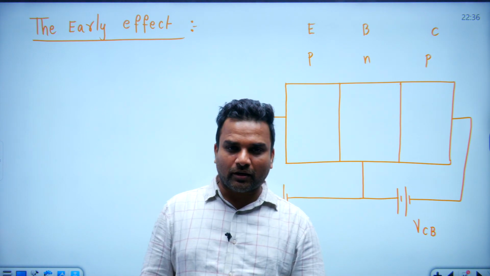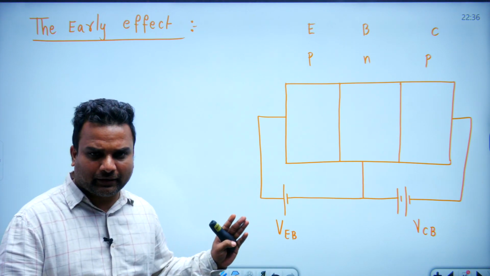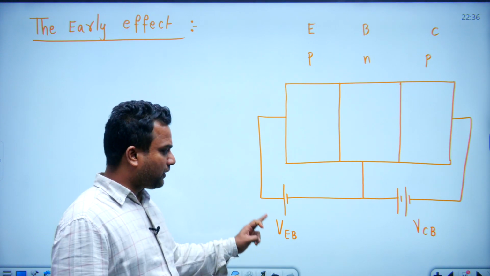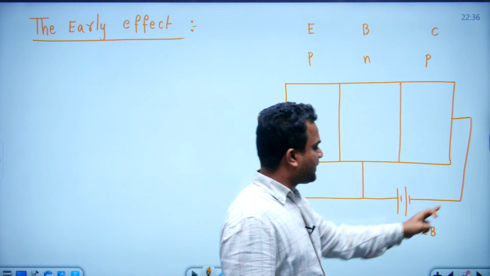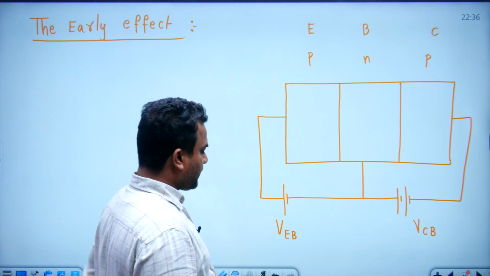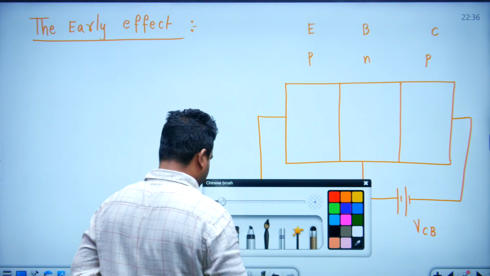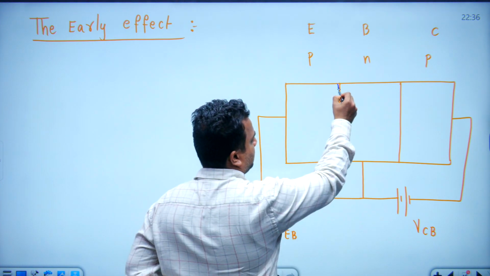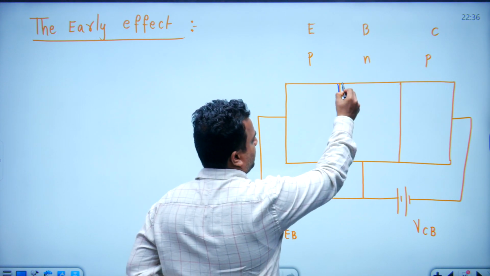And guys, let us assume the BJT is operating in the active region, where the emitter base junction is forward bias and the collector base junction is reverse bias. In such case, across the emitter base junction there will be a small depletion layer width, because it is in the forward bias, right?